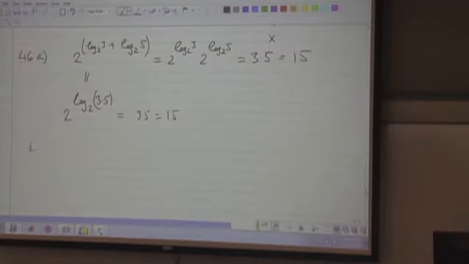Okay, so we have e to 3 times ln of 2. And the key idea is that e to the ln of something is just that something. But in order to get there, you have to actually have it e to the ln of something. So what we can observe is that I can take this 3 and put it inside the ln. So I'll have e to the ln of 2 cubed.